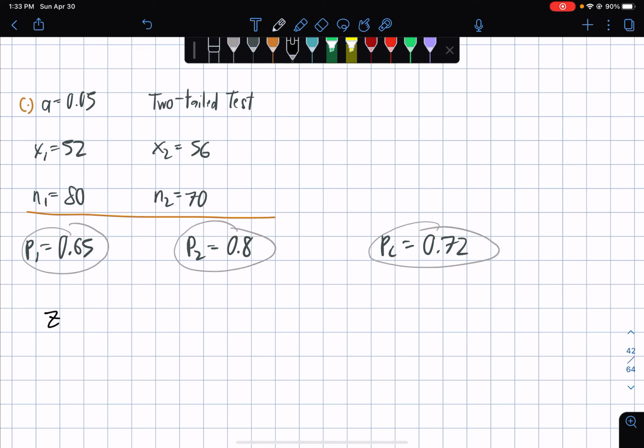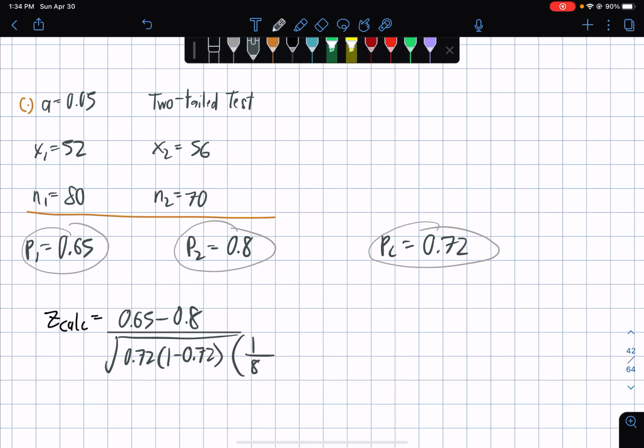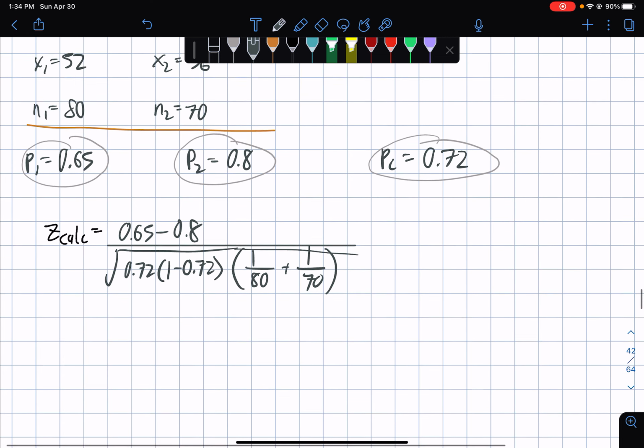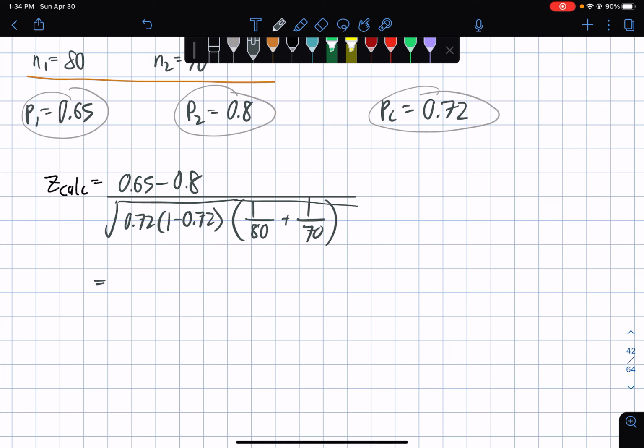Let's solve for the Zcalc test statistic for equality of proportions. We have P1 minus P2 over the square root of PC, which is 0.72, times the quantity 1 minus 0.72 times the quantity 1 over 80 plus 1 over 70. Okay, what is the answer?